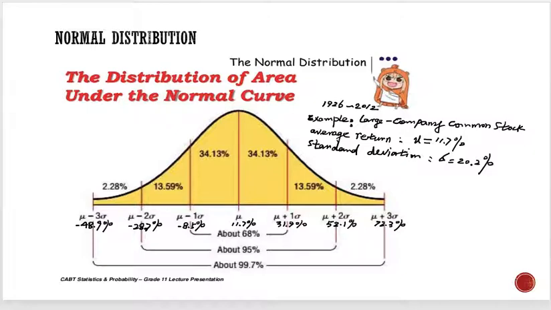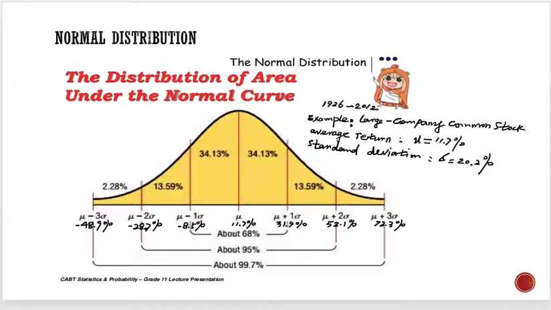These two numbers are pretty easy to calculate. Actually, the study shows that this historical data distribution is very close to normal distribution.